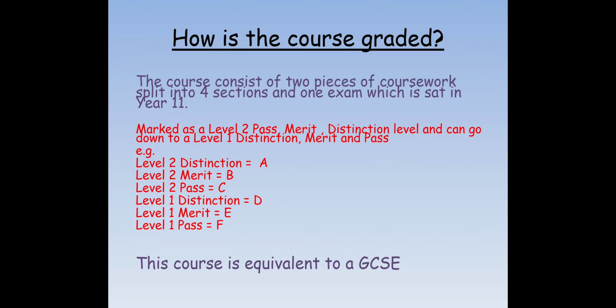So these are what they're called: a level 2 distinction, merit and pass. And as you can see, the further we go down to level 1s, the lower the grades get. Just keep in mind that this course is equivalent to a GCSE, it's just marked in a slightly different way.